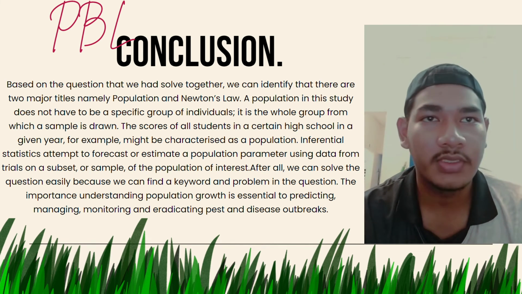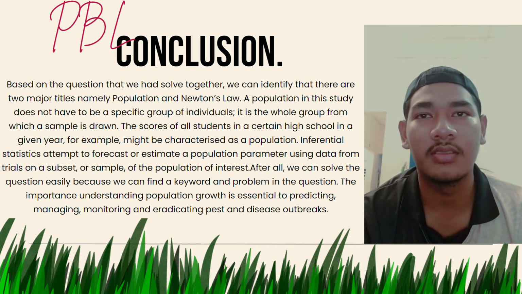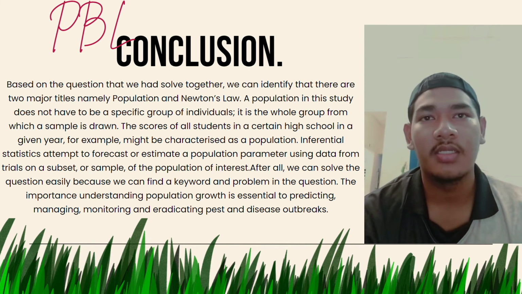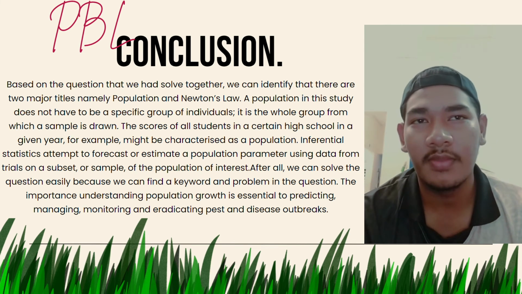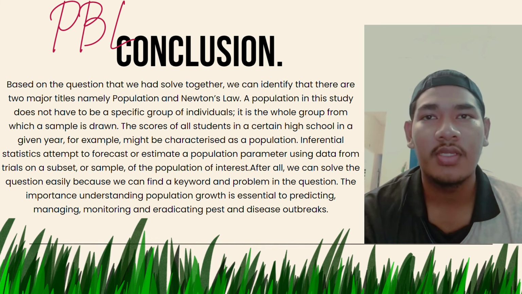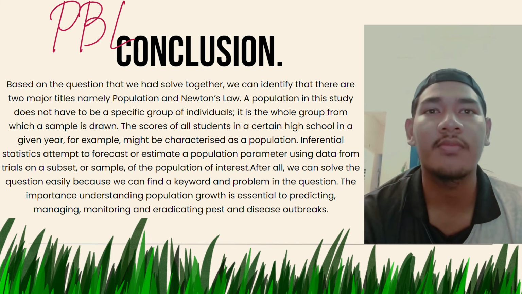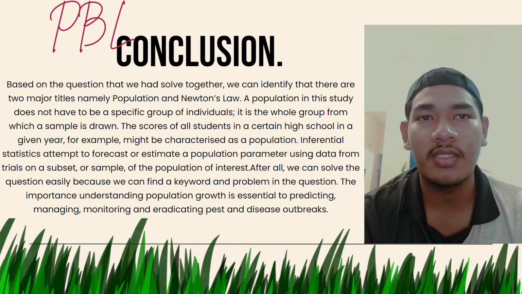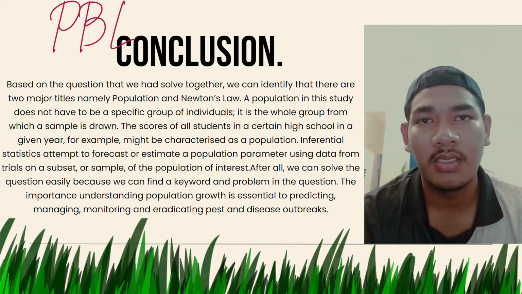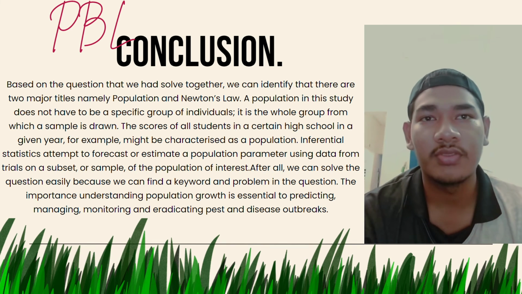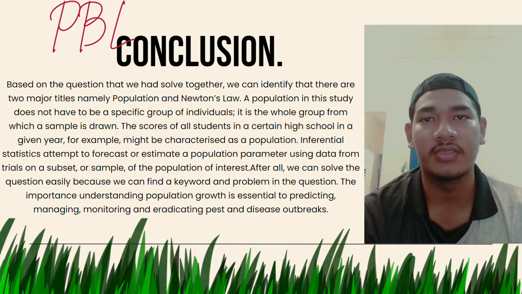For the first question, we need to find the total population increase in city A in 2019. So we have solved that problem by way of the exponential growth of engineering math. Next, we can identify the type of Newton's law that we use to solve the question based on the problem in the question.